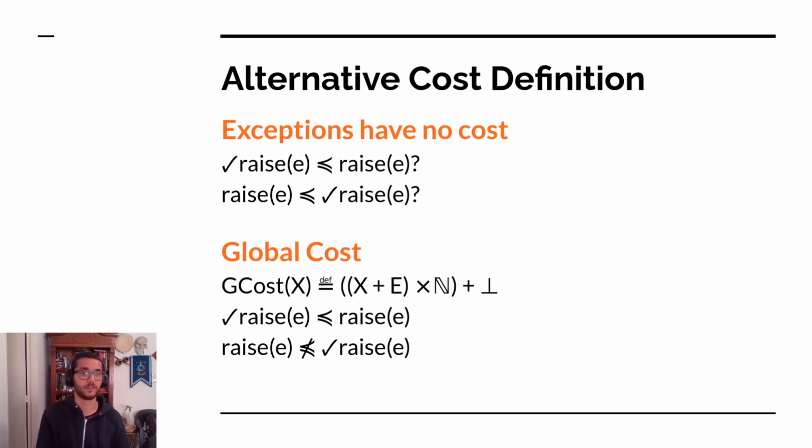So we can observe the cost required to compute exceptions, and we can distinguish the two terms described before, where it is actually an improvement to avoid wasting a unit of cost, and we can actually prove that raising an exception cannot be improved by wasting some computational resources and then raising the same exception.